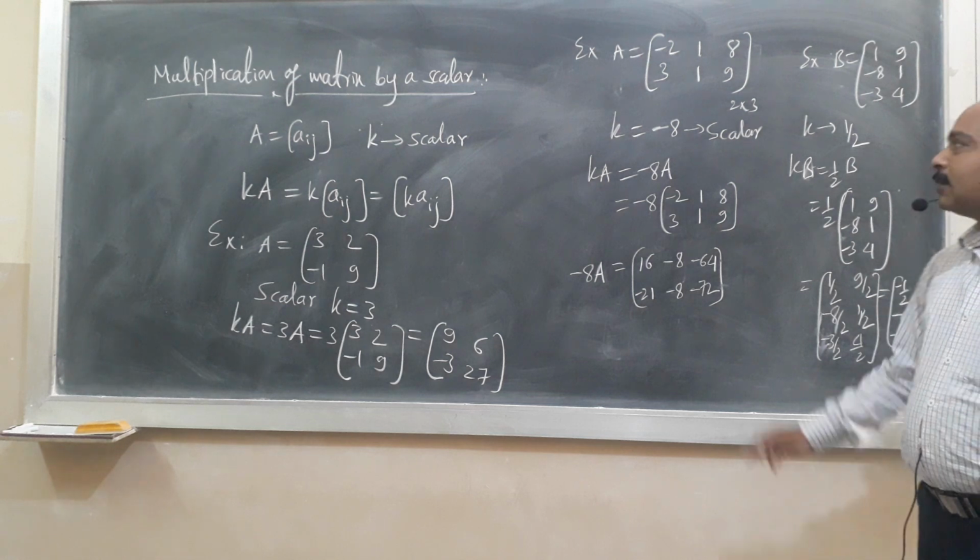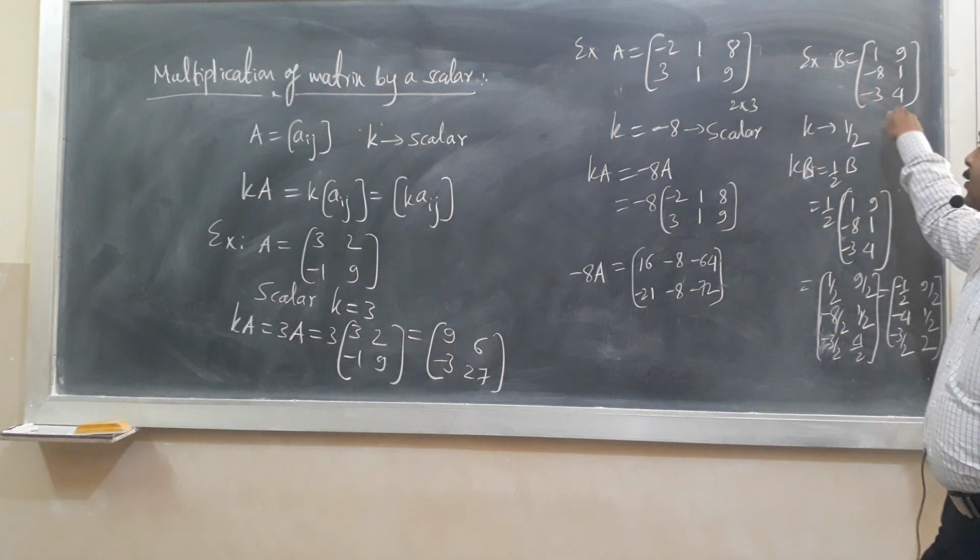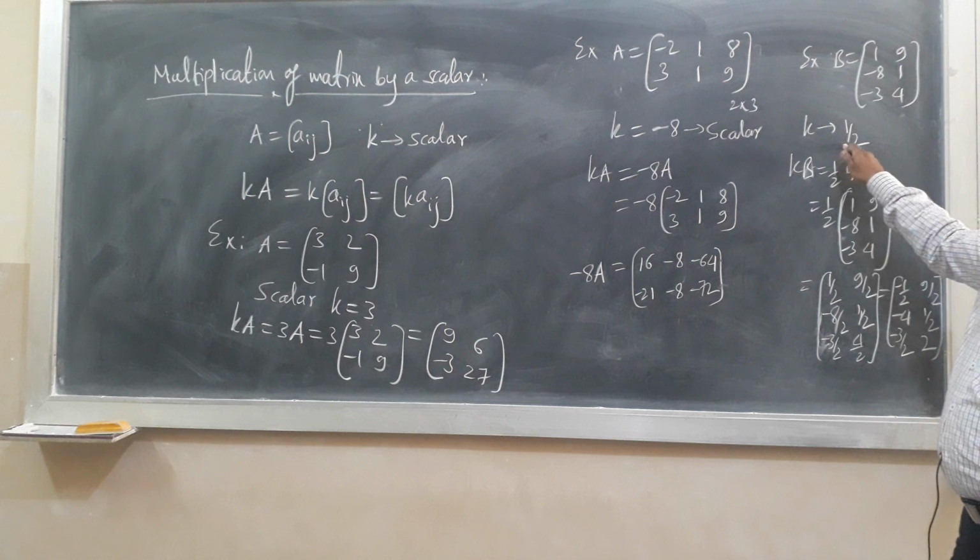So this is called the multiplication of matrix B with a scalar 1 by 2.